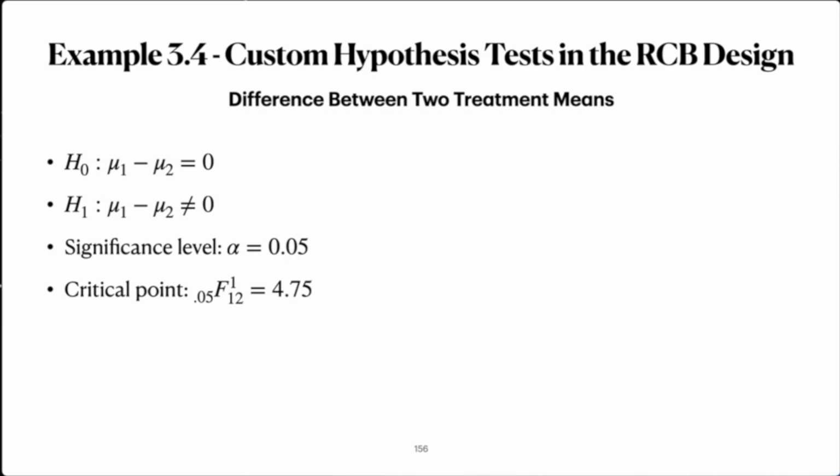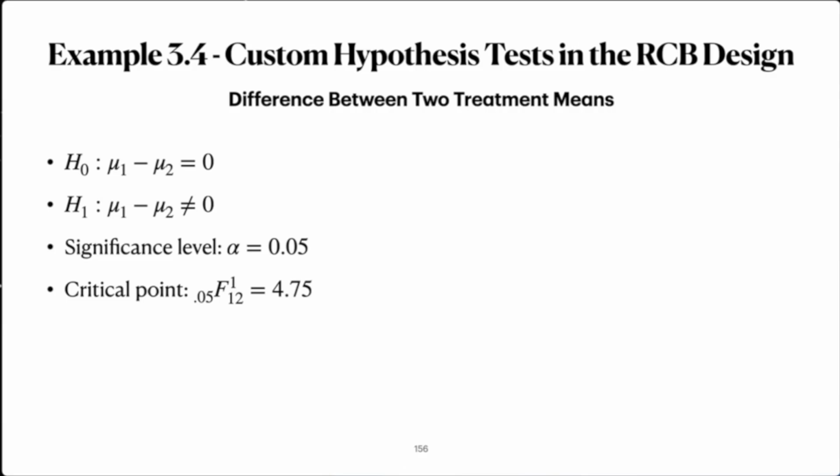The significance level, we'll use a 5% significance level. And for the critical point, I'm going to use an F-test. I'll calculate an F statistic. We can do this because this is a two-tailed test, and when doing a two-tailed test, it's a little bit easier in terms of expressing the rejection criteria if we use an F-test.